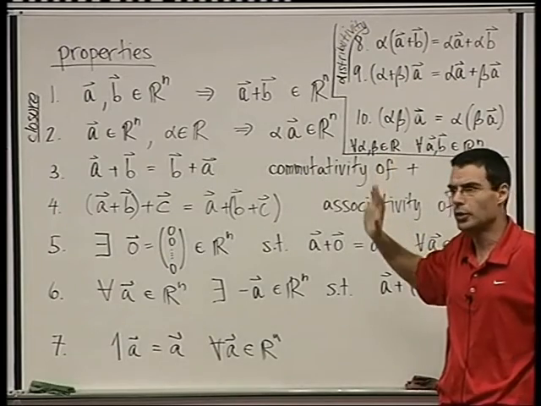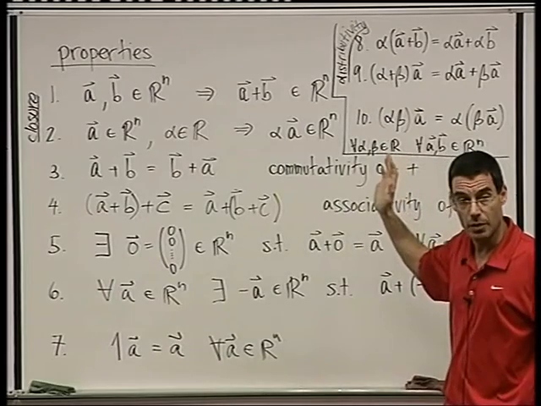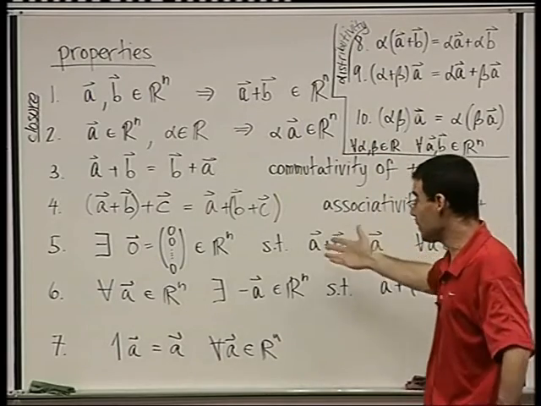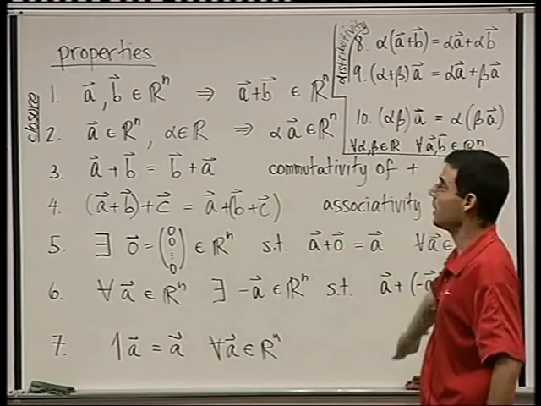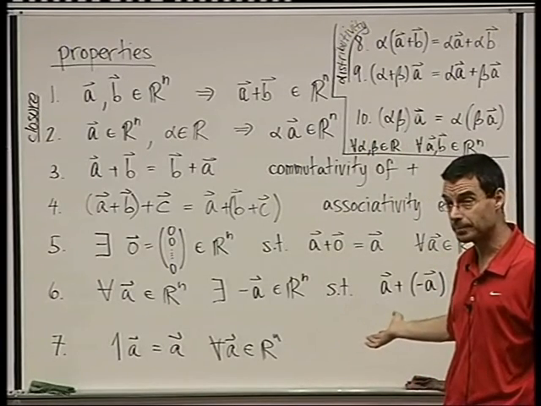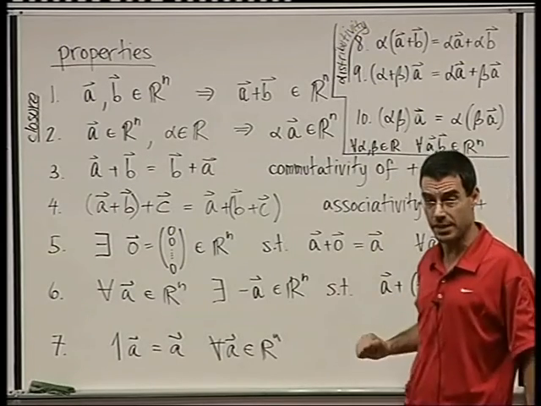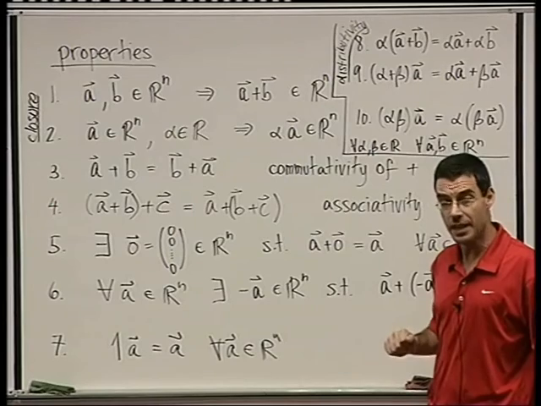Okay? It's going to look very abstract. Very abstract. Okay? But then we're going to see that, in fact, we're just rewriting these 10 properties that we know that n tuples satisfy. Okay? And then we're going to see in examples that, in fact, many, many other things satisfy them. And why is that good?